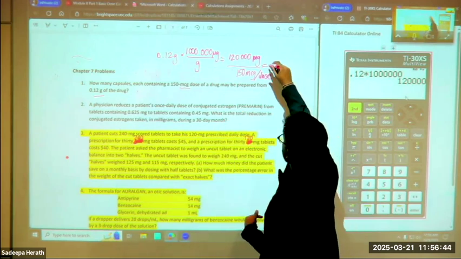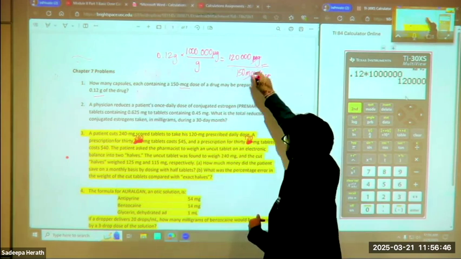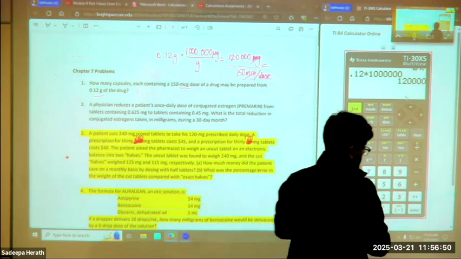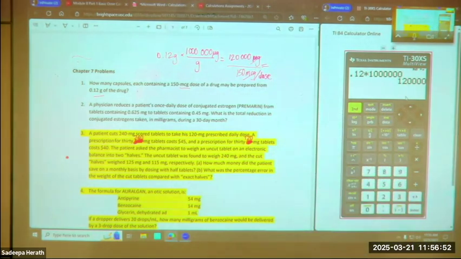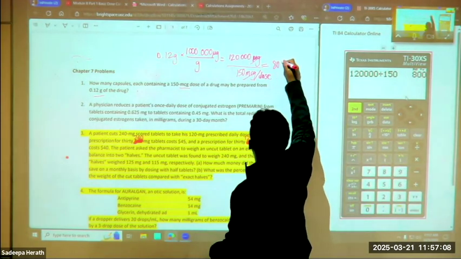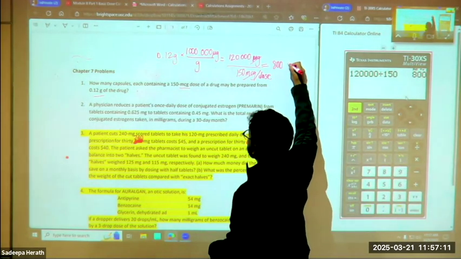And then these are 2 different ways of writing microgram, by the way. So now we calculate that. 120,000 divided by 150. 800. And let's just say capsules.